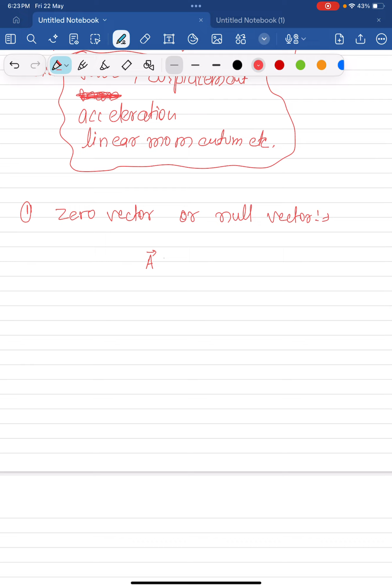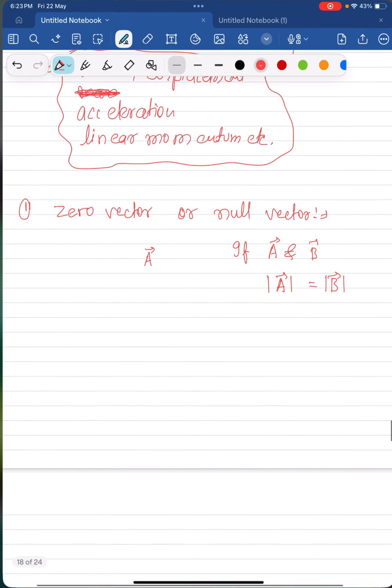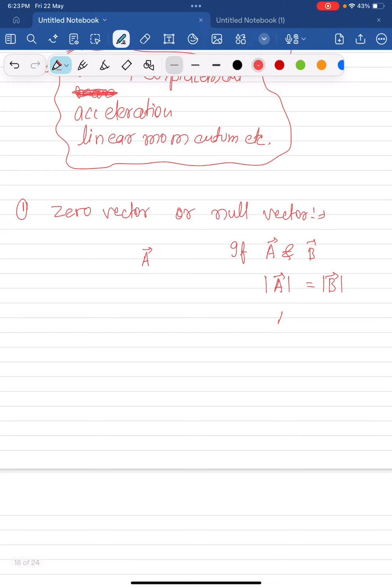If there are two vectors, vector A and vector B, and both are equal vectors, it means the magnitude of both vectors is the same and the direction of both is the same, so theta 1 and theta 2 are the same.